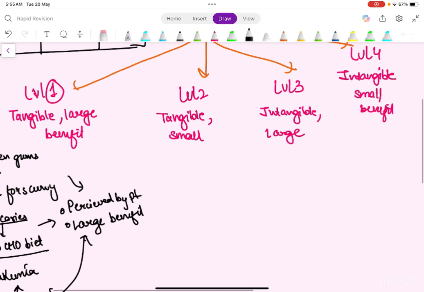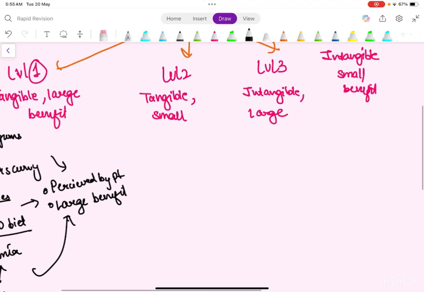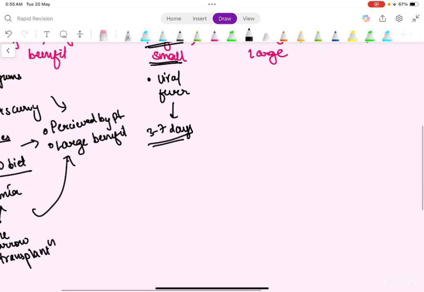Now let's talk about the second level. In the second level, the patient knows, but the benefit is very small. Usually when a patient has a viral fever, he gets cured after 3 to 7 days. But he comes to the doctor, and the doctor also knows, but prescribes him acyclovir, because obviously he's come to the doctor.